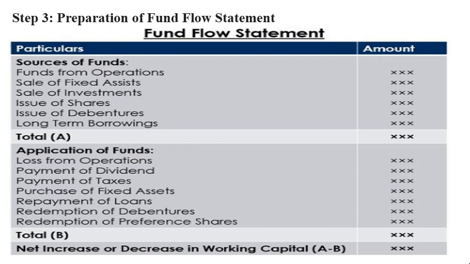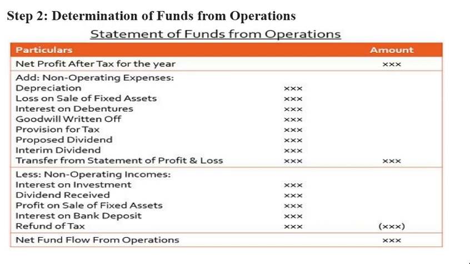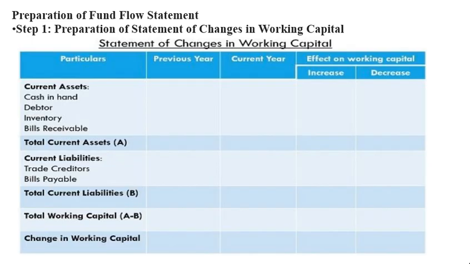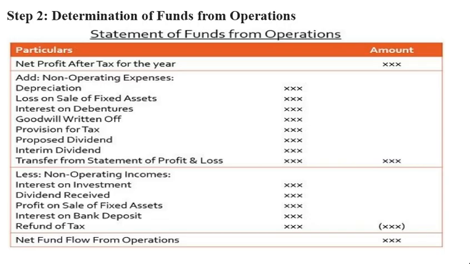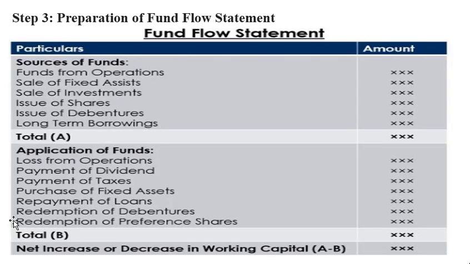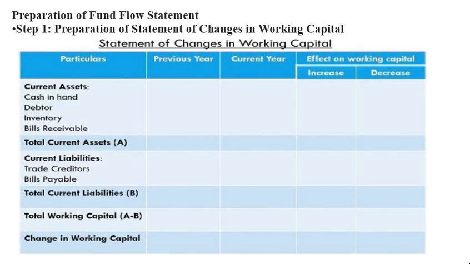And one more thing, in the format you have to mention all three steps first. These steps are preparation of statement of changes in working capital, determination of funds from operation, and the third step is the fund flow statement. So all three steps you have to mention, then we'll do them one by one. Okay, so from the next slide onwards we will start with the problem, how to prepare the fund flow statement.